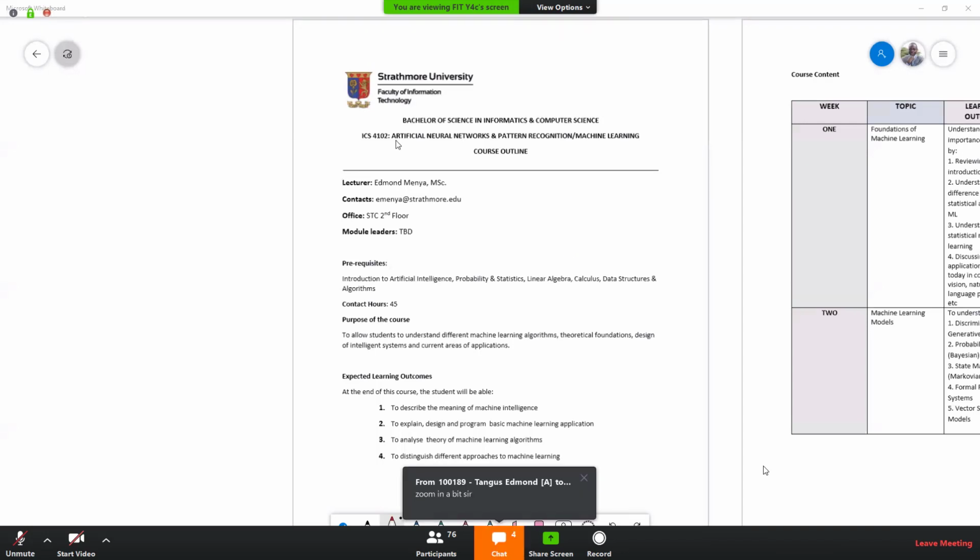The unit previously was called Artificial Neural Networks and Pattern Recognition, but now we changed the name to Machine Learning, and we'll be using these two names as we intertwine them. The reason is that lately neural networks and pattern recognition have kind of dominated machine learning.